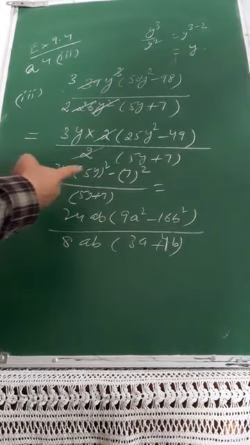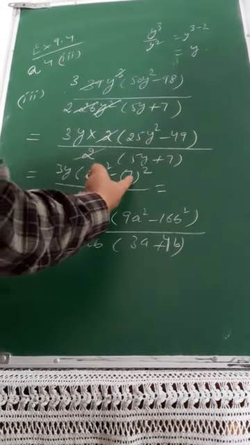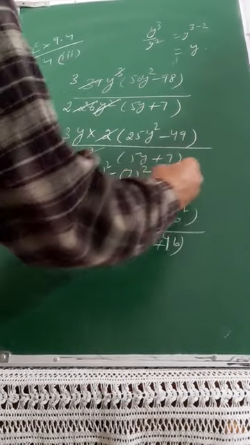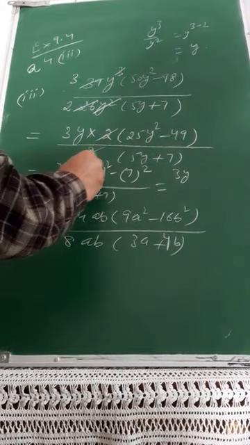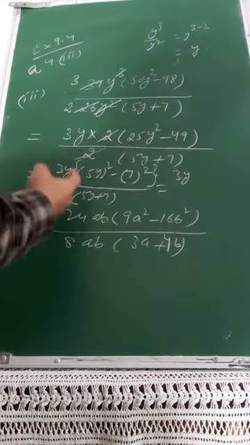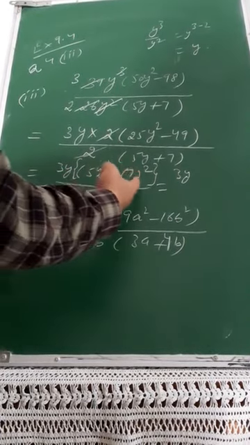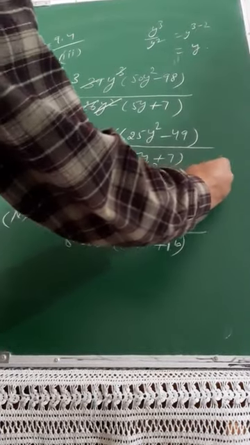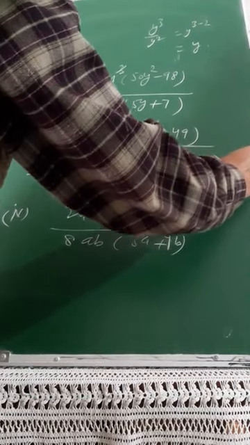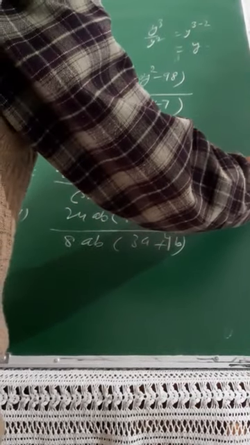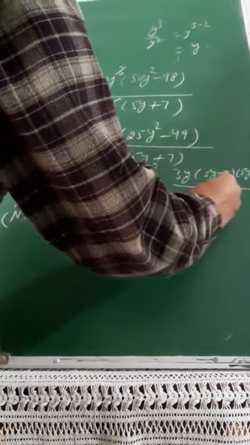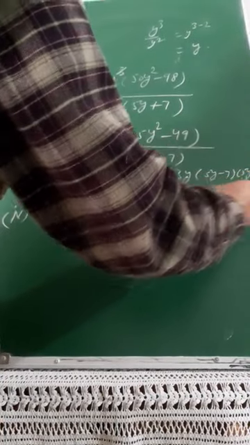Finally, this is a square minus b square. So you can write 3y, better you use the curly bracket here, into a square minus b square, which means 3y into 5y minus 7 into 5y plus 7 upon 5y plus 7.